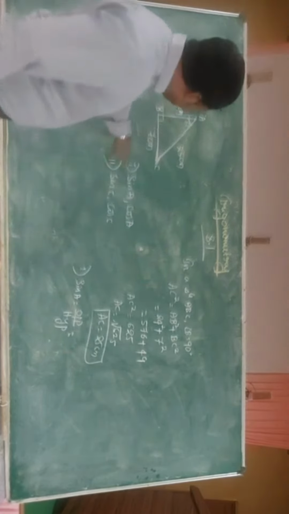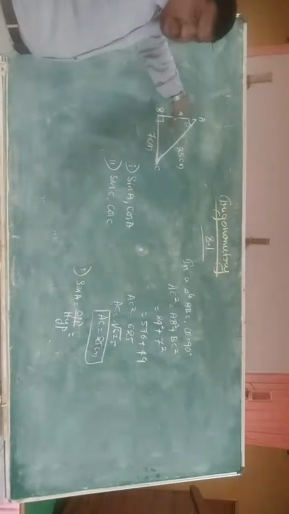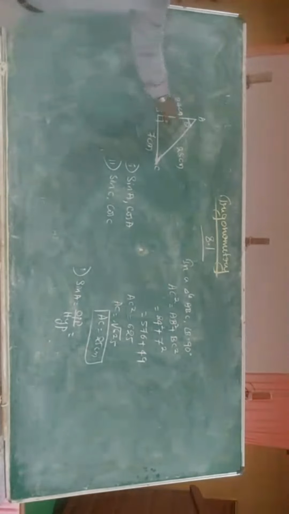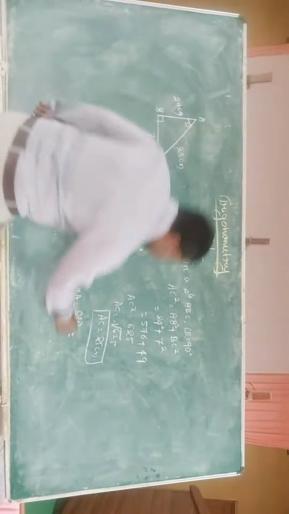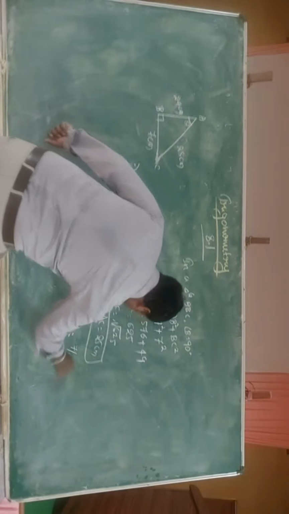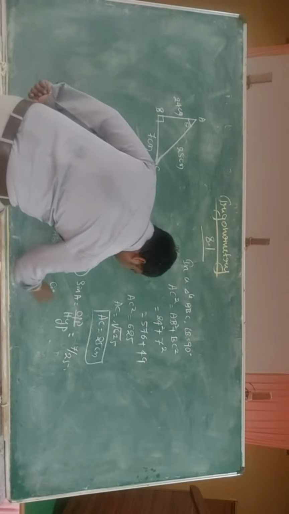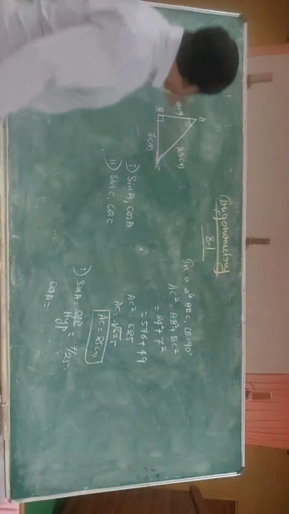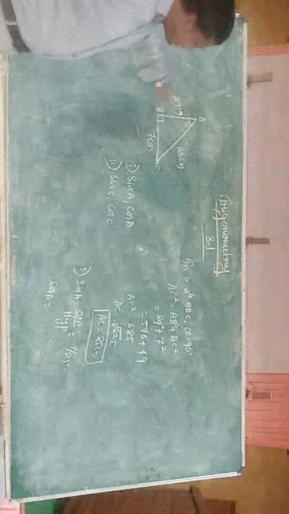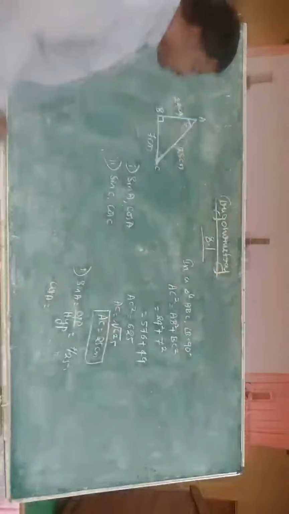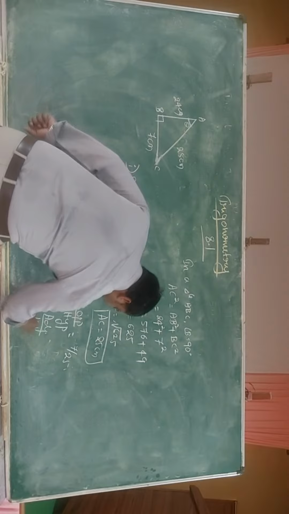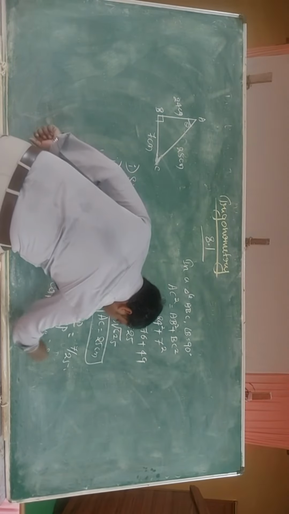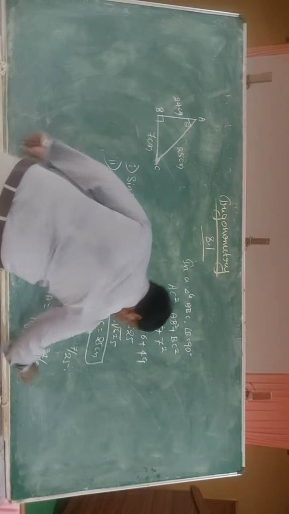A means the angle formed at A. Opposite is 7, hypotenuse is 25, so 7 upon 25. Second one, cos A is equal to adjacent upon hypotenuse, which is 24 upon 25.